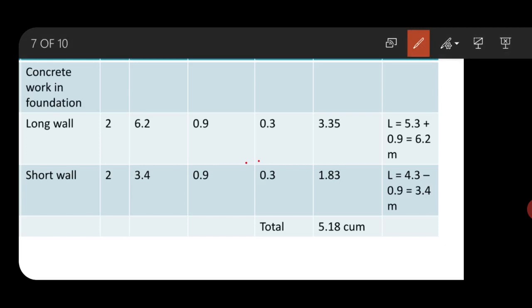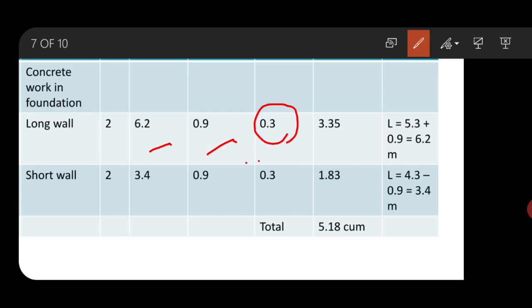So see, mark one thing, the dimensions, that is length and breadth in this cement concrete work in foundation is same as your earthwork in excavation. Only difference is the depth.